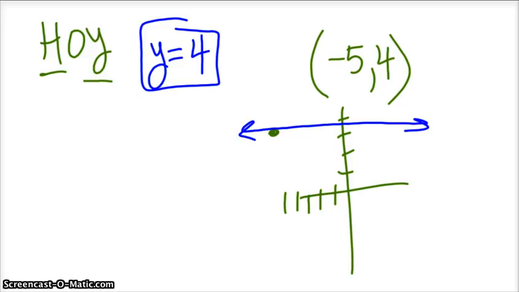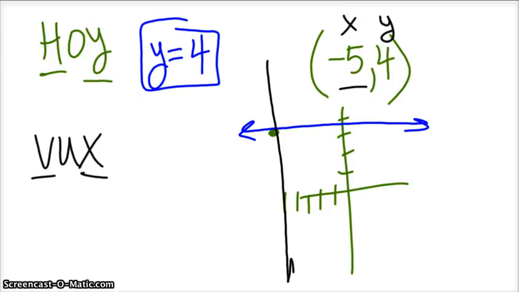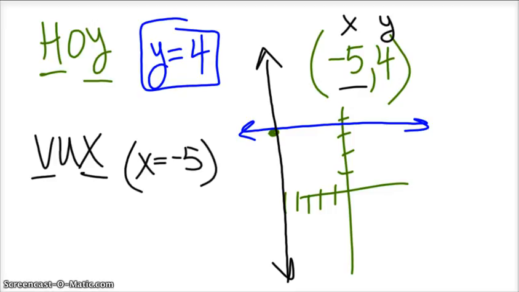The vertical answer, your big thing to remember with verticals, is the box. With the word box, you must understand that all vertical lines just have the letter x. And this is the x value. The x value is -5. So that would be this vertical line here. And that vertical line is defined by the statement, all x's equal -5.